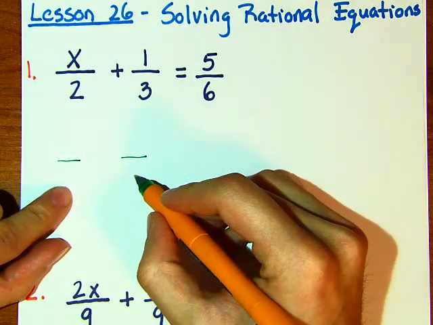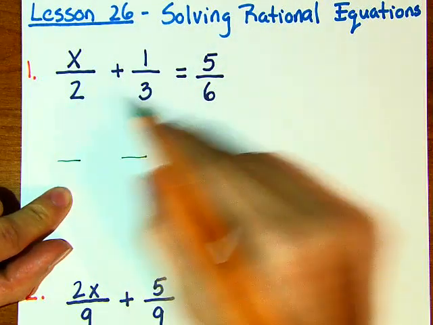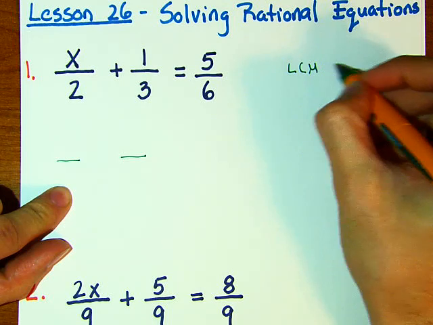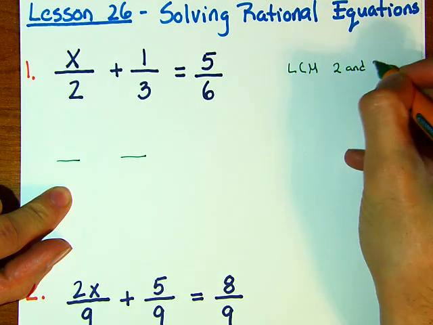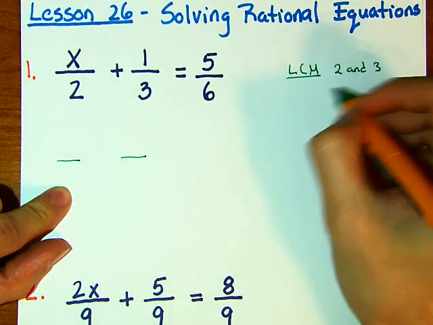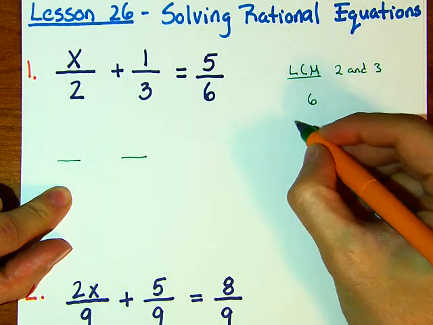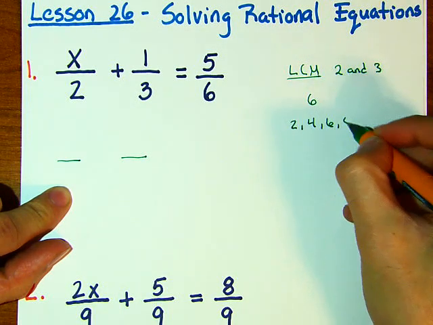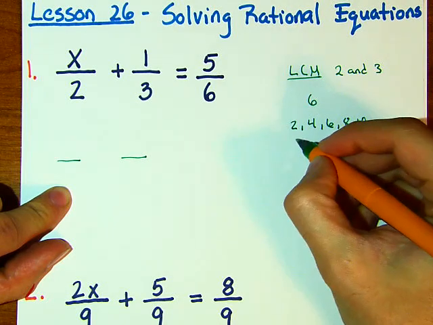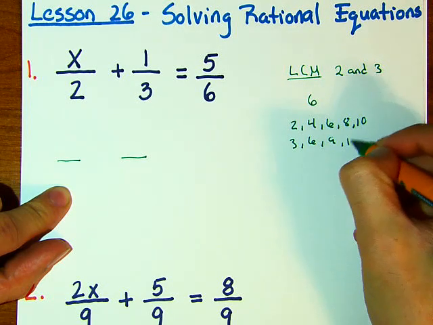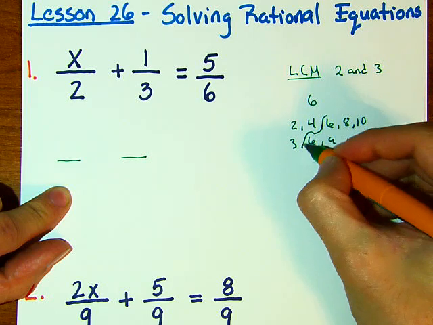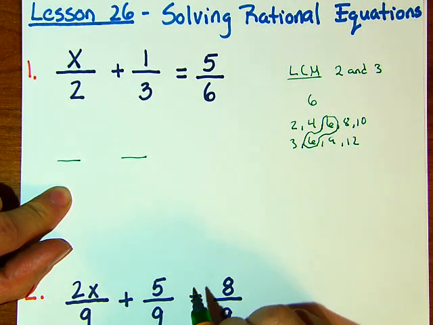And that same denominator we want them to have is the LCM of 2 and 3. The LCM of 2 and 3 will be 6, because what are the multiples of 2? They're 2, 4, 6, 8, 10. What are the multiples of 3? 3, 6, 9, 12. And the lowest is that 6, right? So we're going to use that 6.